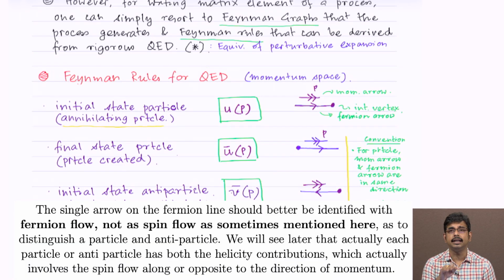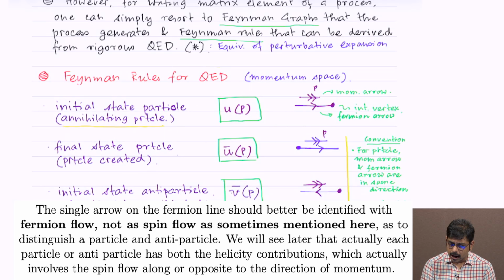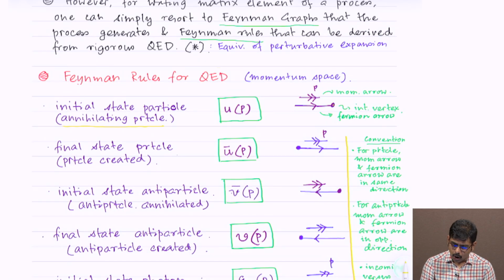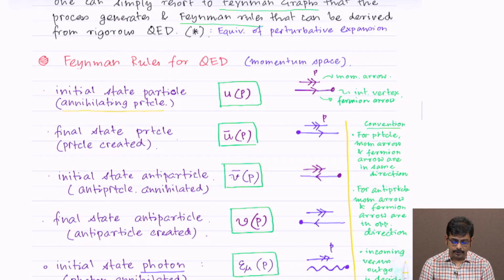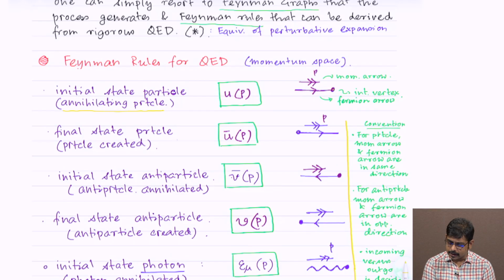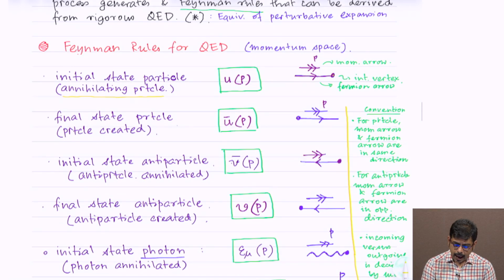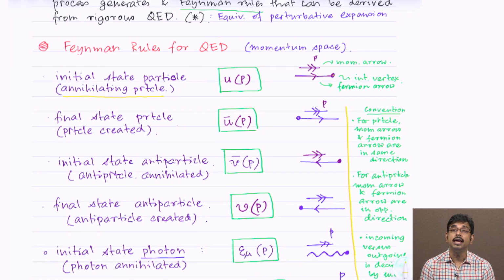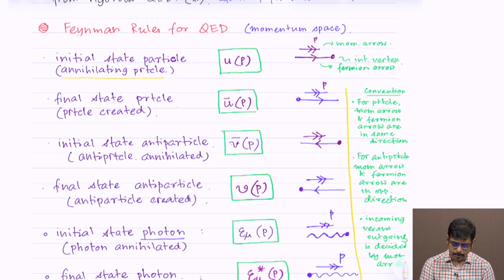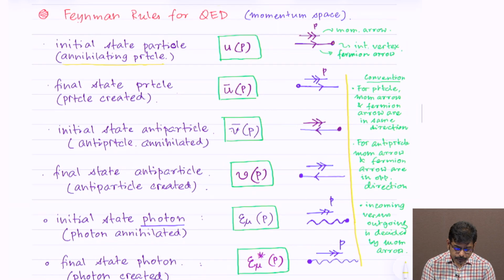If it's an annihilating or initial state particle, the momentum flows towards the vertex, given by this blob, and similarly for a final state particle the momentum flows out of the vertex, with the spin flow along the direction of the momentum. This is given by u bar of p for the final state, while the annihilating particle is defined by u of p. If you go back to the mode expansion of psi(x) and psi bar(x), you will understand why this was so.